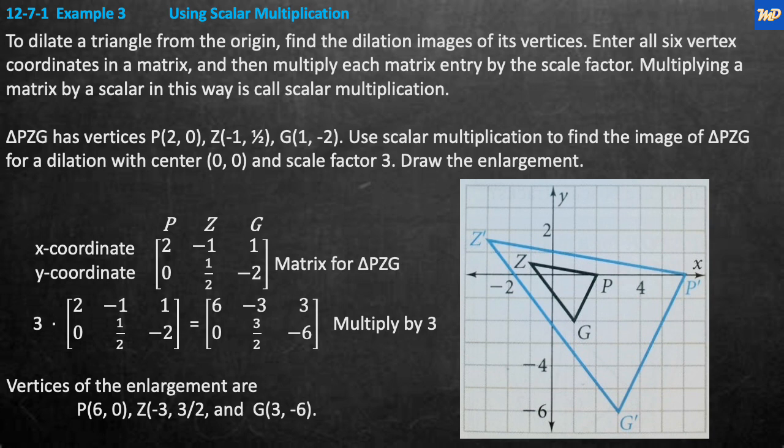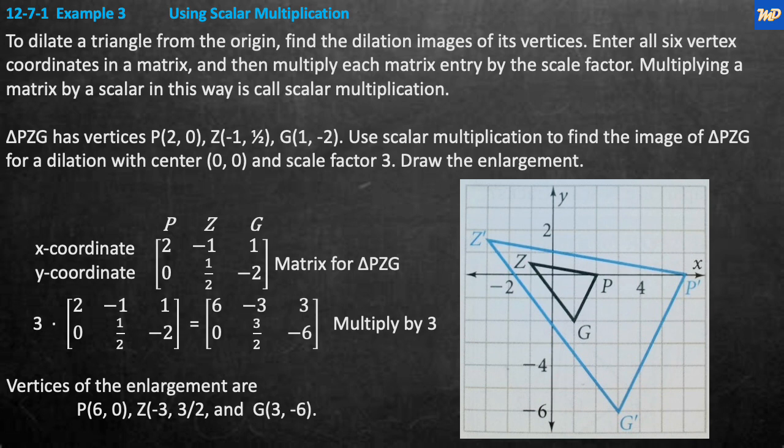Okay, example 3, using scalar multiplication. To dilate a triangle from the origin, find the dilation images of the vertices. Enter all 6 vertex coordinates in a matrix, and then multiply each matrix entry by the scale factor. Multiplying a matrix by a scalar in this way is called scalar multiplication.